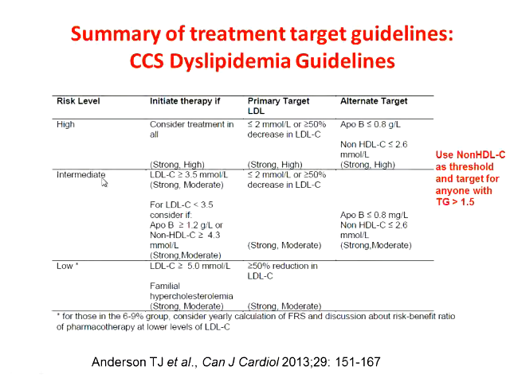So in intermediate risk patients, based on Framingham risk scoring, if people are in the 10 to 20% 10-year risk category, we call that intermediate risk. And the guidelines recommend that if LDL is higher than 3.5, that they be considered for statin treatment. And in the presence of high trigs, you should pay attention to the non-HDL level. And if it's greater than 4.3, that should be your threshold for statin treatment.